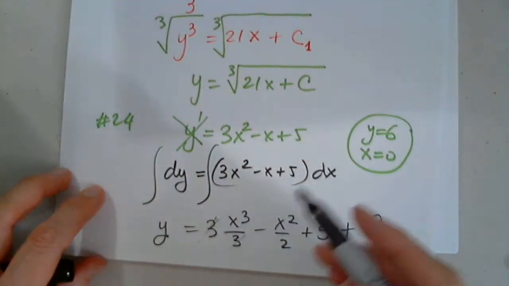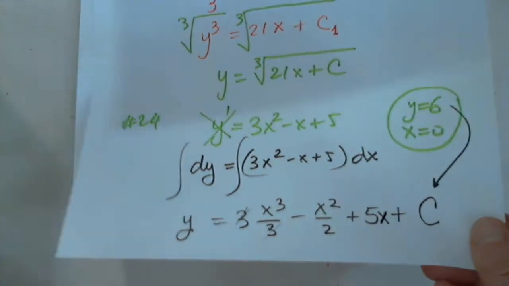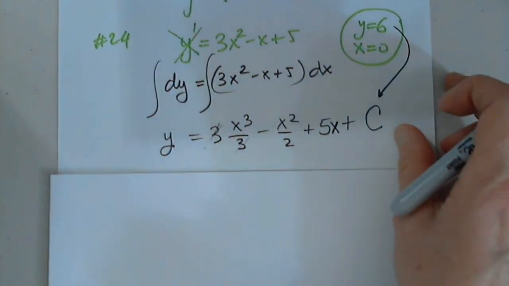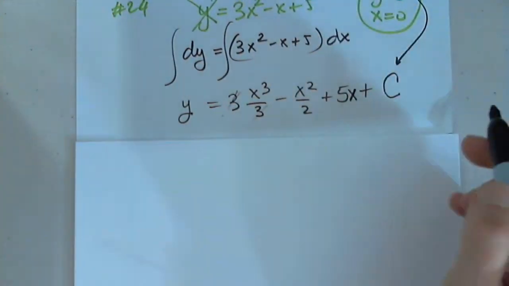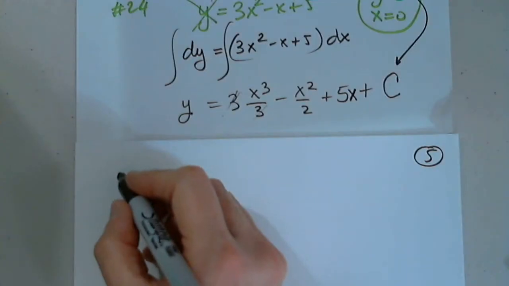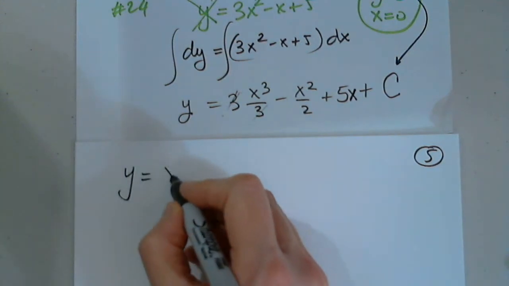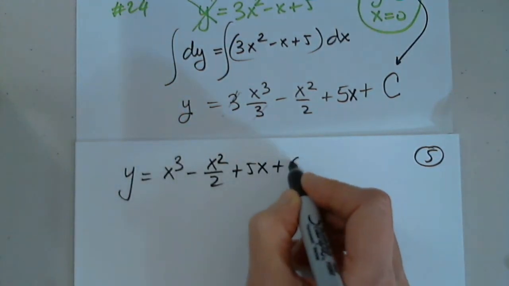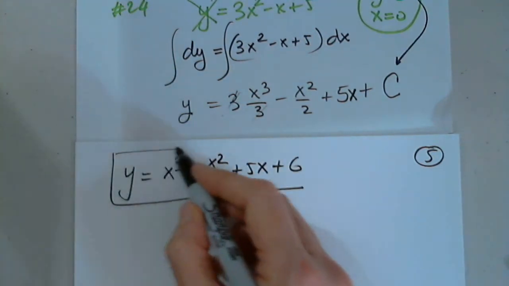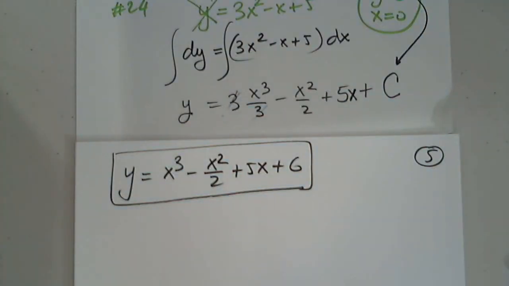Very good. Indeed, c is 6. And that's it. So some of them are very straightforward. Some of them are more difficult. So y is x cubed minus x squared over 2 plus 5x plus 6 is the unique function that verifies the given condition.